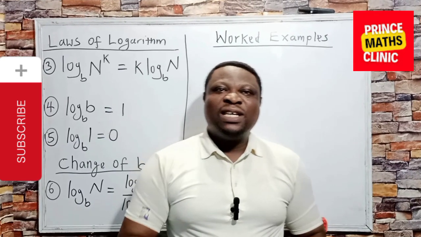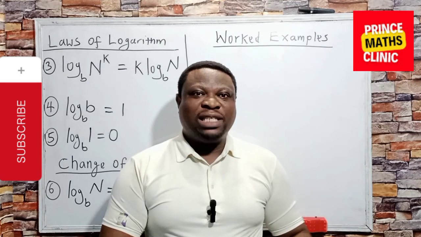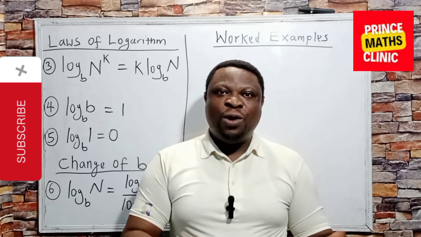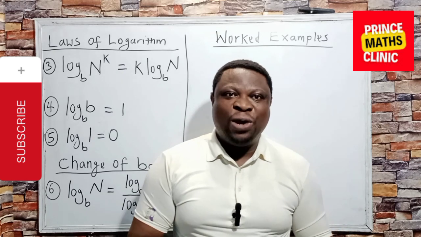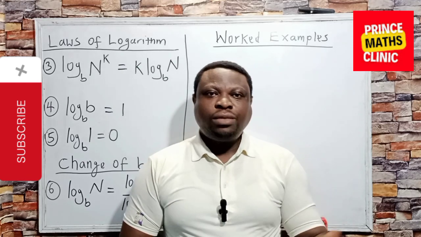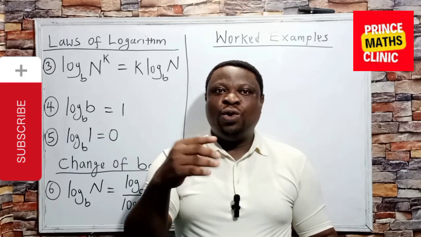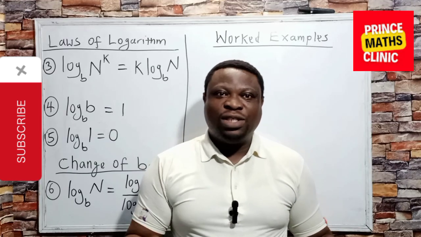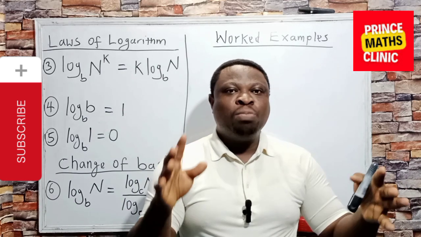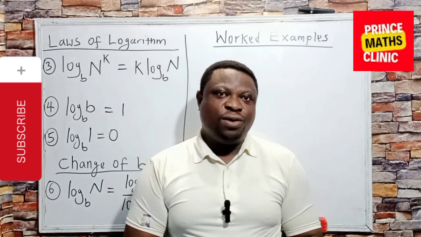Having said that, this is the continuation of the logarithm class that we started in the previous edition. And in today's class, we shall be looking at the other laws in logarithm. As a way of revision, we looked at two laws in the previous class. We looked at the law of addition, that as long as the bases are the same, you multiply the first log with the second log.